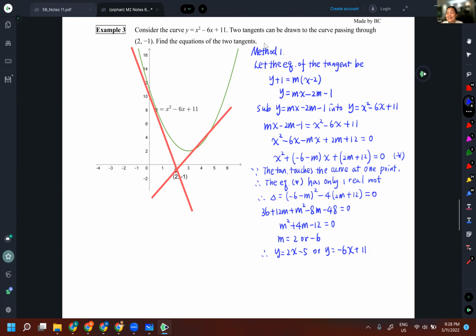Is that okay? You see the whole process, I don't have to use differentiation. It's very clever, isn't it? In chapter 7, the equation of the circle used a similar method.